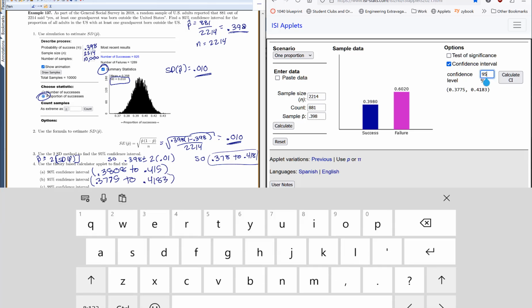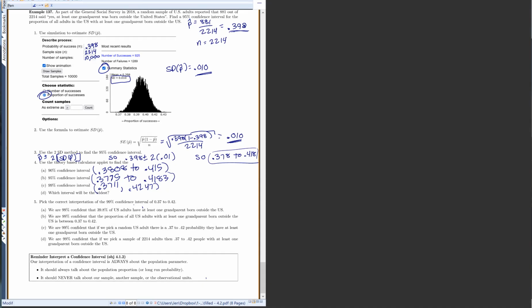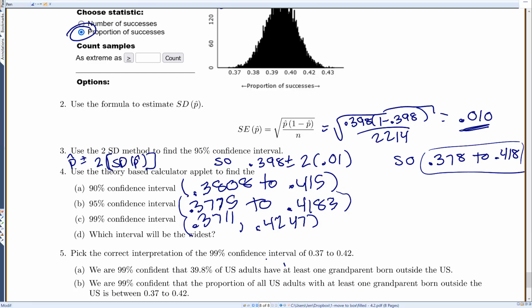And if I do 99% and hit calculate, I get 0.3711 to 0.4247. Which interval will be the widest? Well, you can see that the widest one is the 99%. So the higher your confidence, the wider your interval. So 99% is the widest.